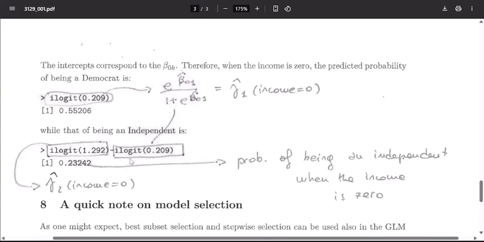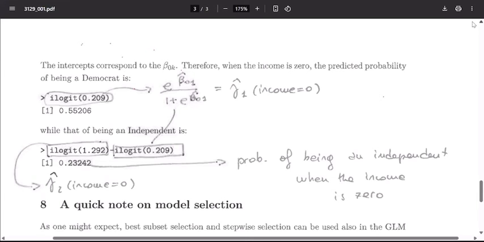Okay? So look at that. And of course, the probability of being an independent is this minus that. You see that? The 2 minus that, and we actually give that, which is the probability of being an independent when income is 0, when you subtract the logit of 0.209 from 1.292. And where is the 1.292 coming from?